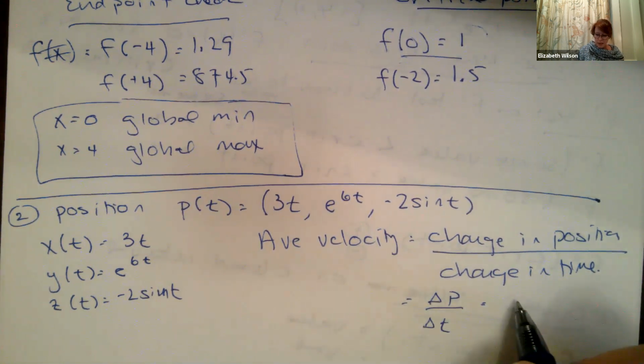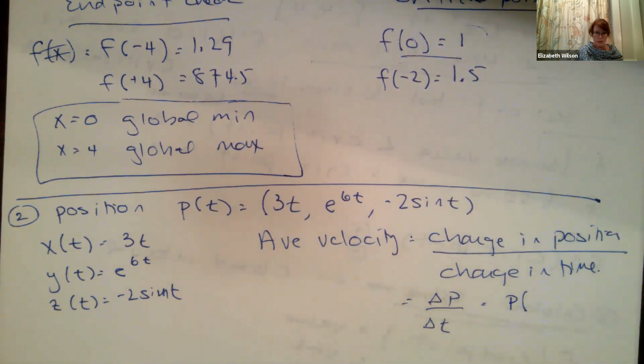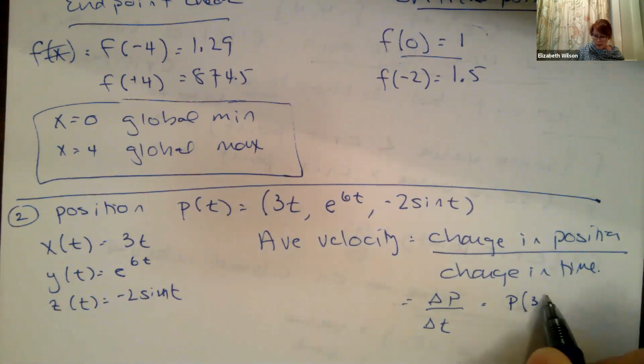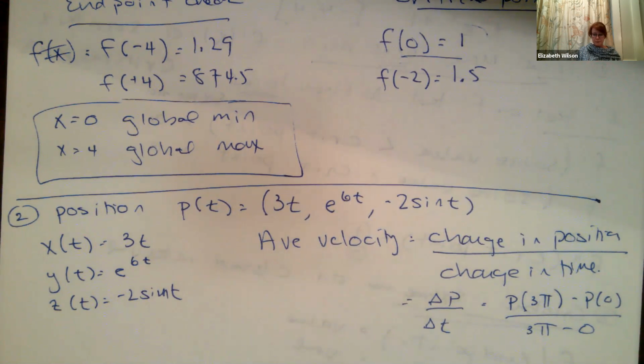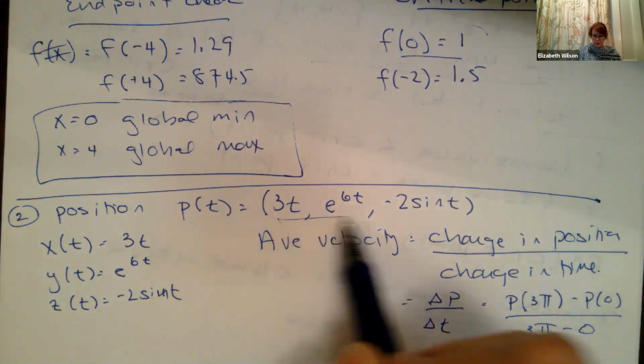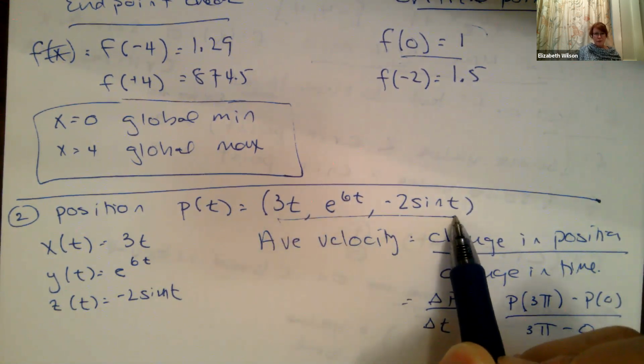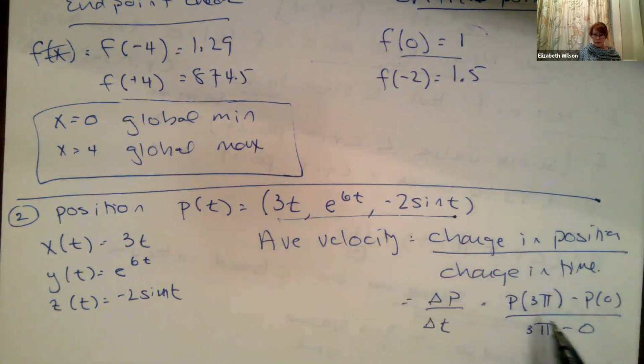So what I'm going to do is say the p, we're given 2 different times, time 0 and time 3 pi. It doesn't matter what order, just keep it consistent top and bottom. I did p of 3 pi minus p of 0 all over 3 pi minus 0. Don't take the derivative, okay, because we're not looking for instantaneous velocity. We're looking for an average velocity.